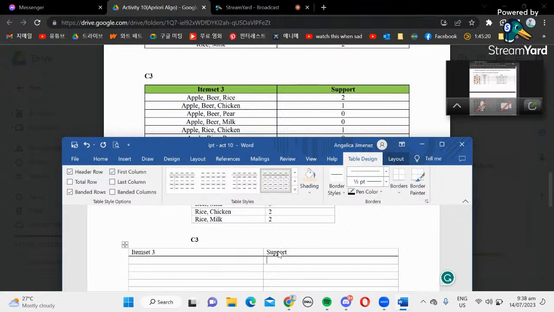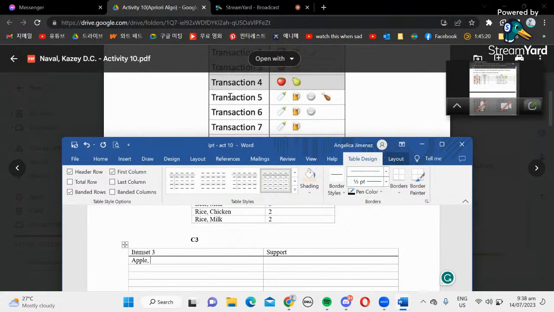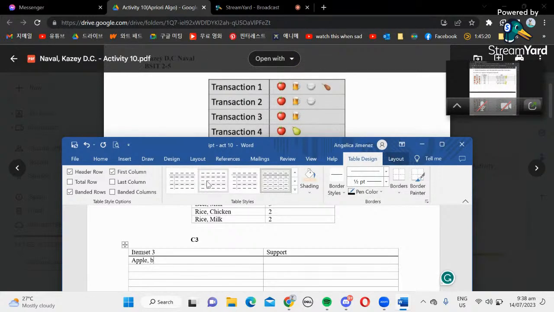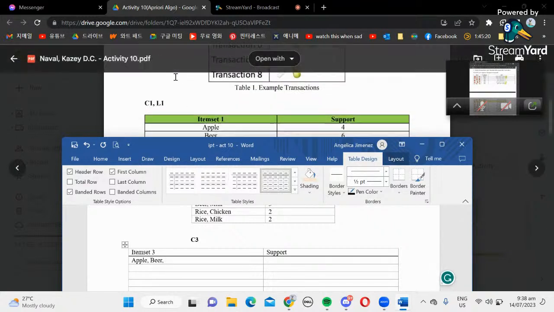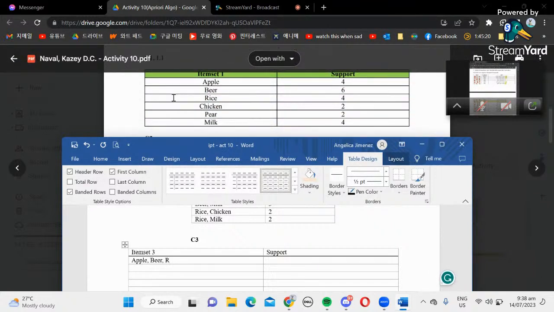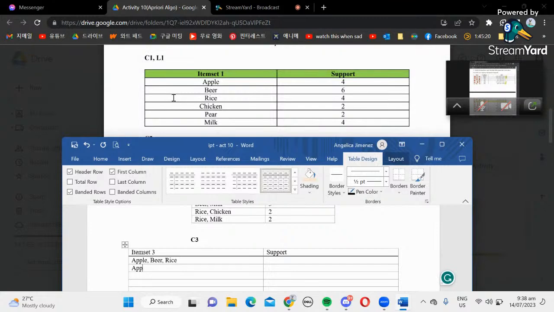Highlight mo na, Beethoven, please. 11 po. Okay, we have 11. So from 15, Beethoven, now we have what? 11. Tama? Yes po, based on the lift.